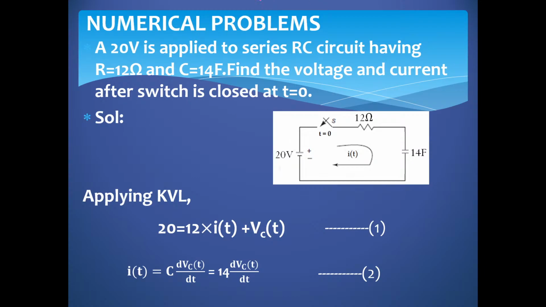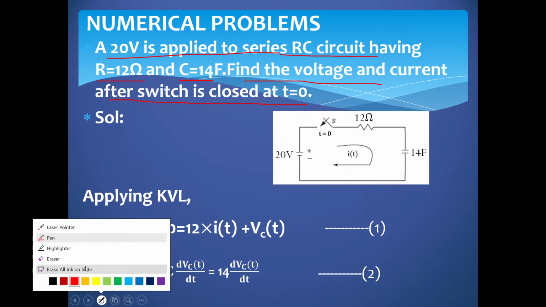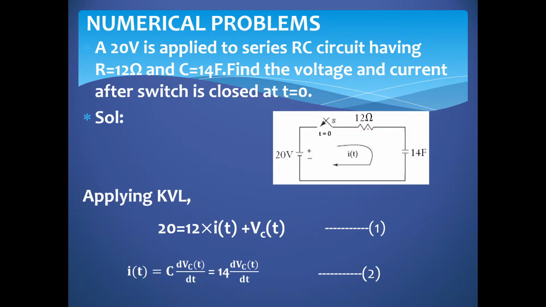So in this numerical problem, 20 volts is applied across an RC circuit having R value 12 ohms, capacitance value 14 farad. Find the voltage and current after the switch is closed at t equal to 0. So as soon as the switch is closed at t equal to 0, we have to determine the voltage and current.